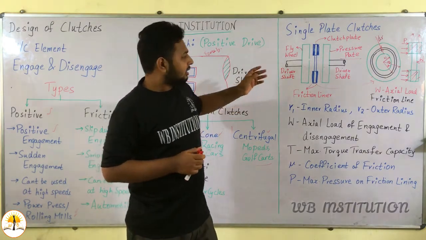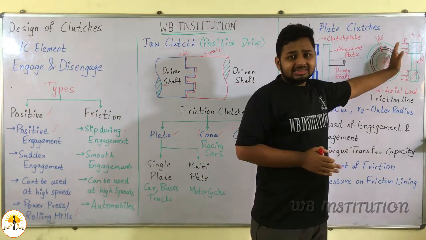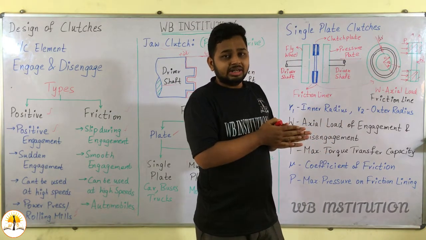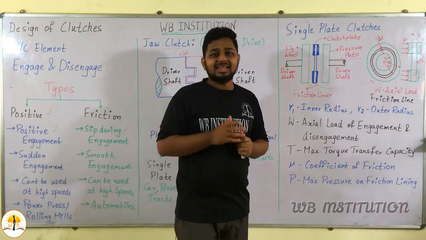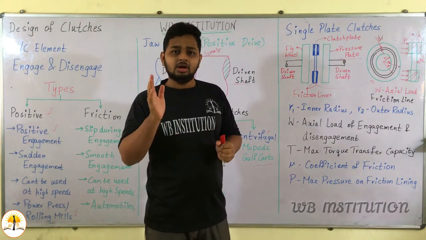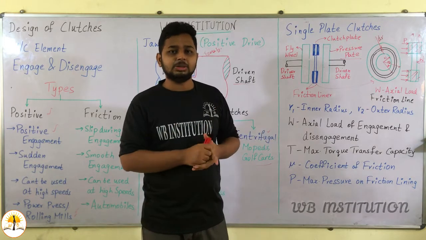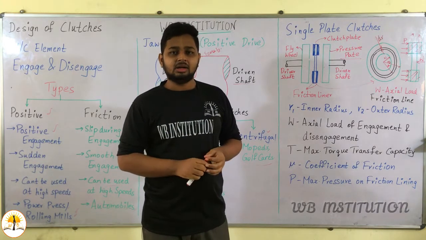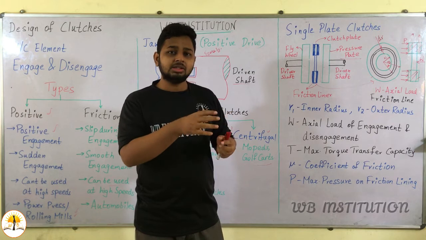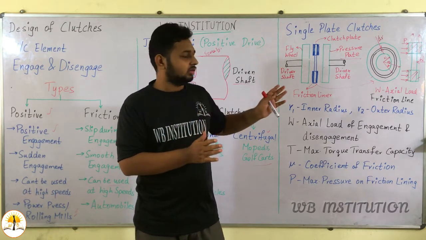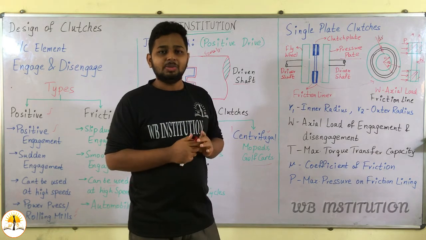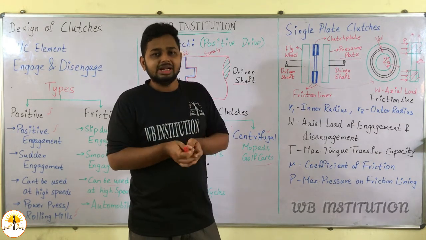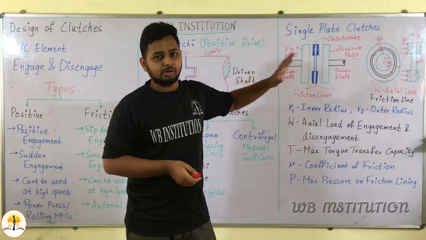When the clutch is engaged to the driven shaft, some pressure is applied on the clutch plate. That pressure is constantly applied on the clutch plate. By means of that pressure only, it engages the driver shaft completely. If there is no pressure, then the clutch plate will rotate freely.